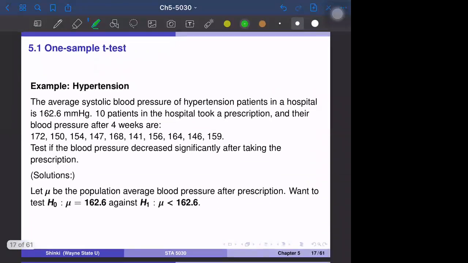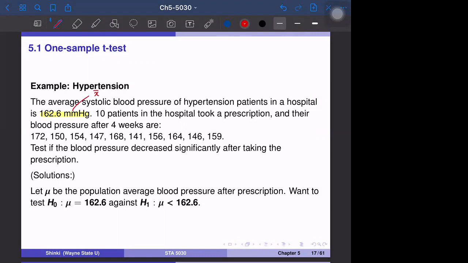So another example: the hypertension data. The average systolic blood pressure of hypertension patients in a hospital is 162.6 millimeters Hg. Okay, so this is the sample average, the X bar, kind of.